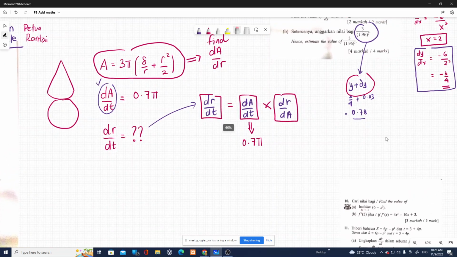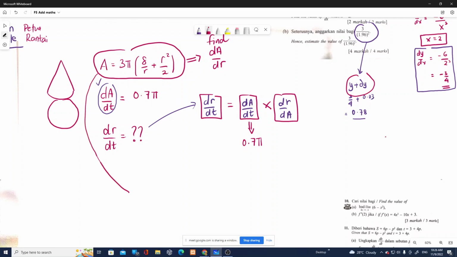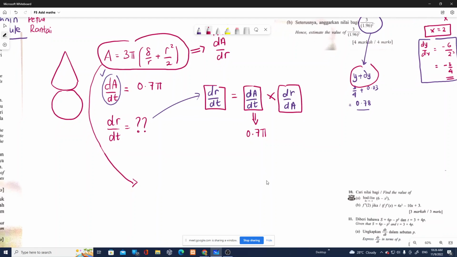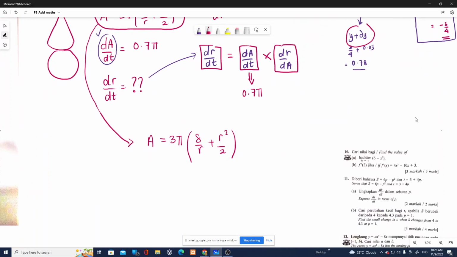Kita teruskan di sini. Daripada fungsi ini kita cuba buat pembezaan. Faiz, we need to do the differentiation of dA over dr. 3 pi 8 over r plus r square over 2. Okay, Faiz, do you know how to differentiate this? First, naikkan semua r, all the r naikkan ke atas.